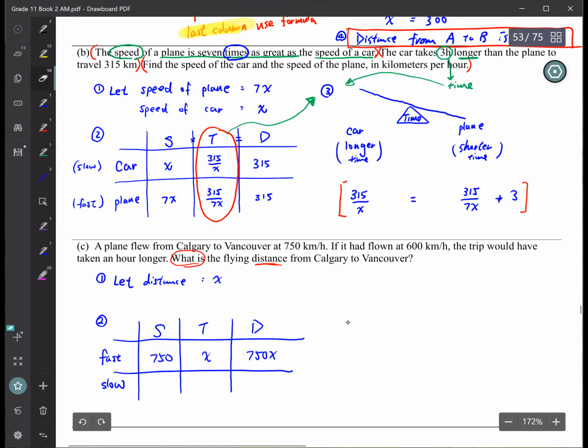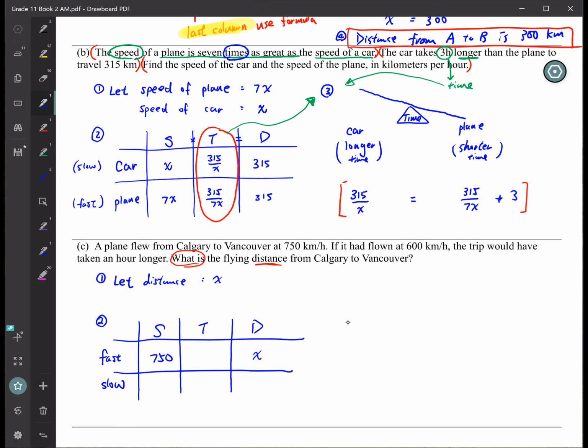Okay, Eric, do you understand why we put x there? Because we're finding the distance. If you put x at the time, that means we're looking for time. But the question is not looking for time.